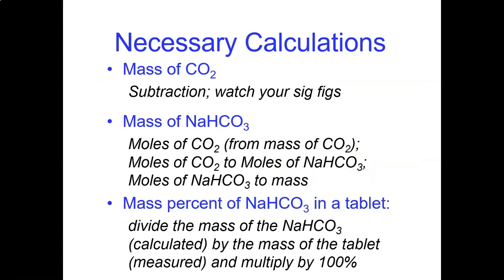There are several necessary calculations involved in the lab report. To calculate the mass of the carbon dioxide, you will do a subtraction. To calculate the mass of the sodium bicarbonate, you will use stoichiometry. And to calculate the mass percent of sodium bicarbonate, you will use the mass of the sodium bicarbonate reacted divided by the mass of the tablet you used for the reaction.